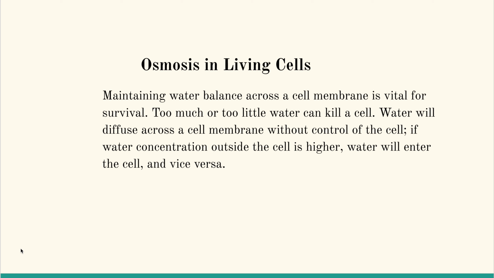So maintaining that water balance is extremely important. Too much water and the cell will burst. Literally, not an exaggeration. Too little water and the cell shrivels. It can't send anything within itself and it will die.